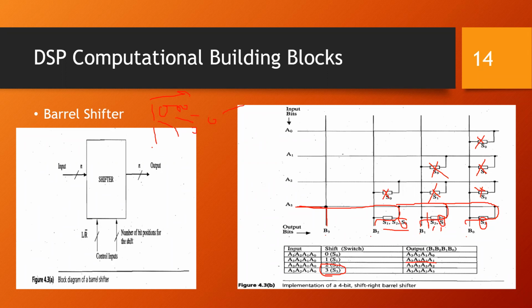So this is the first shift. Next one, I retain this, shift, shift, and this one. So this is the second one. Next one, third shift. So this I retain, then this one, then this one, and then this one.